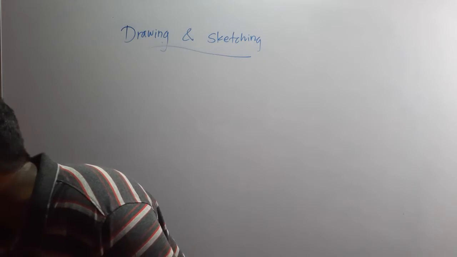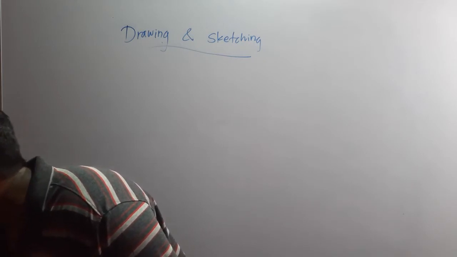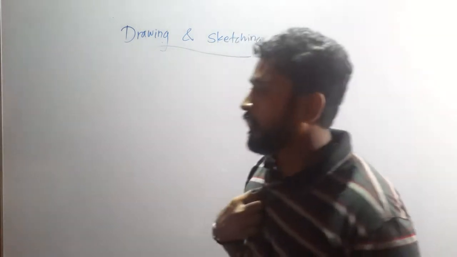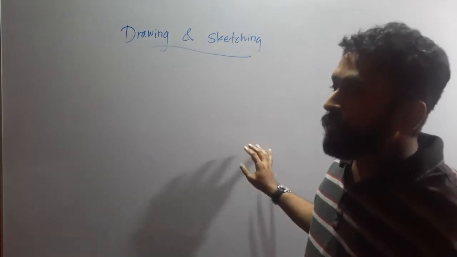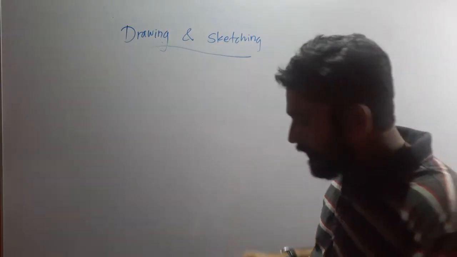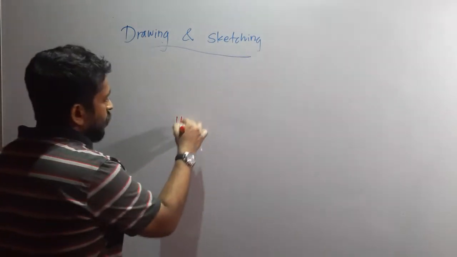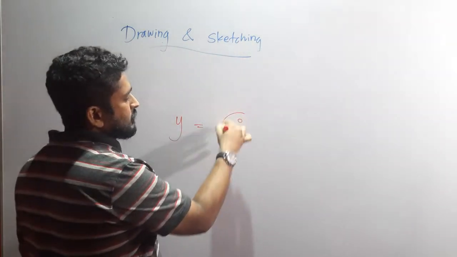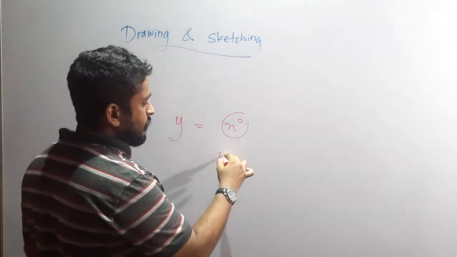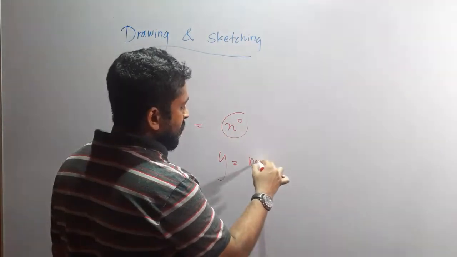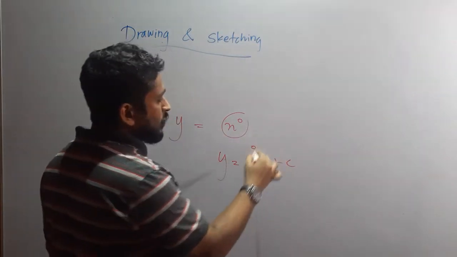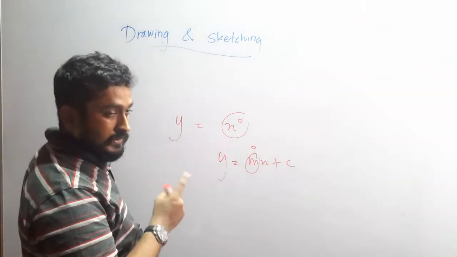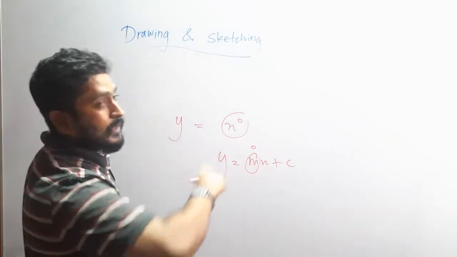If the degree of the function is less than 1, it means the degree can be 0. So y equals x to the power 0, there is no x. Let's say y equals mx plus c when m gets 0. I will discuss this in the next subtopic.